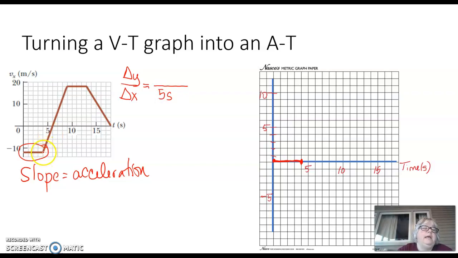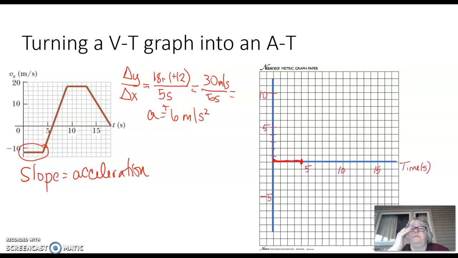My change in y, we go from negative 12 to positive 18. So I can do that calculation as 18 minus negative 12. Always do our second value first. That gives me positive 30 meters per second over 5 seconds. So my acceleration for this region is positive 6 meters per second squared.